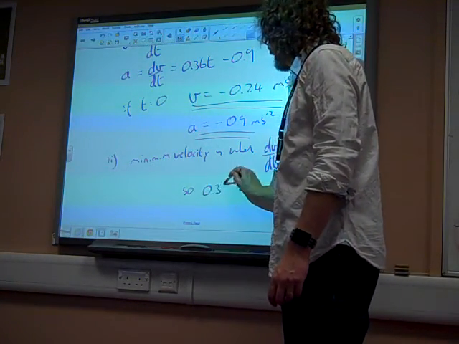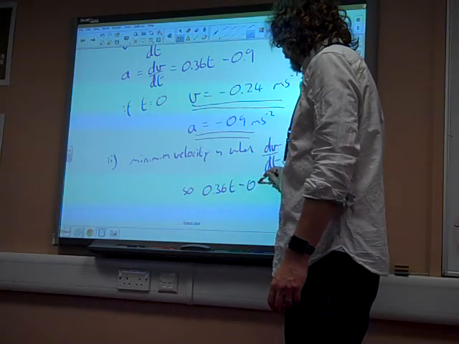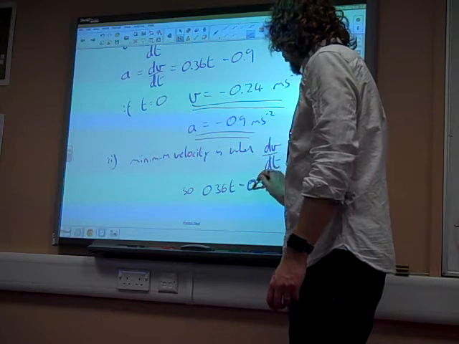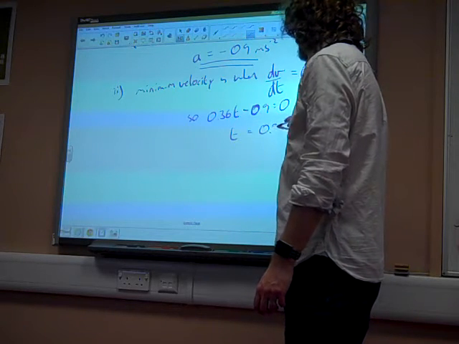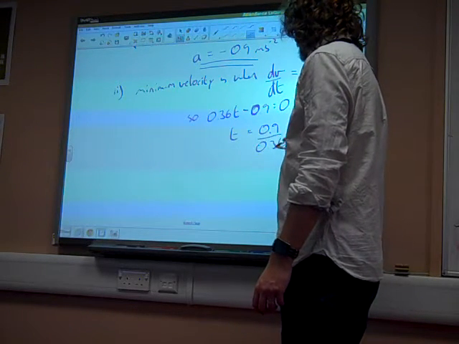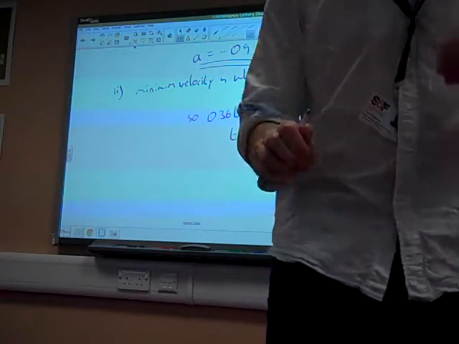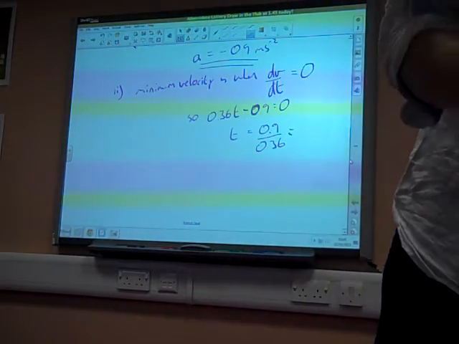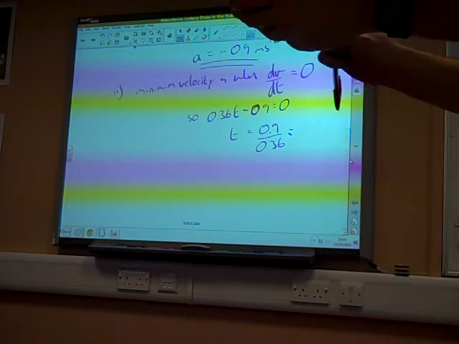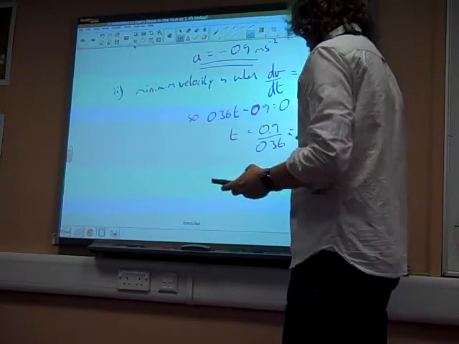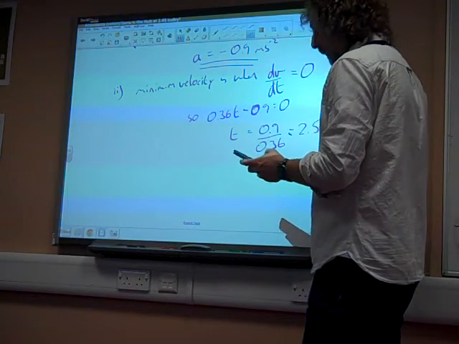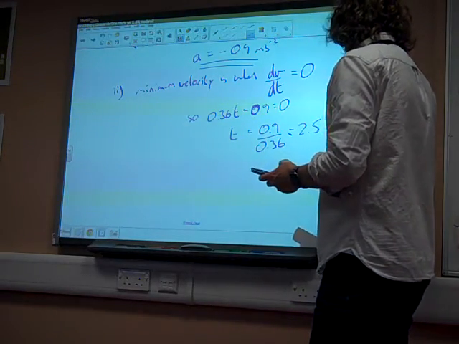That's 0.36t minus 0.9 equals 0. If we rearrange that, t is 0.9 over 0.36. So we get a time of 2.5, that's 5 over 2, seconds.